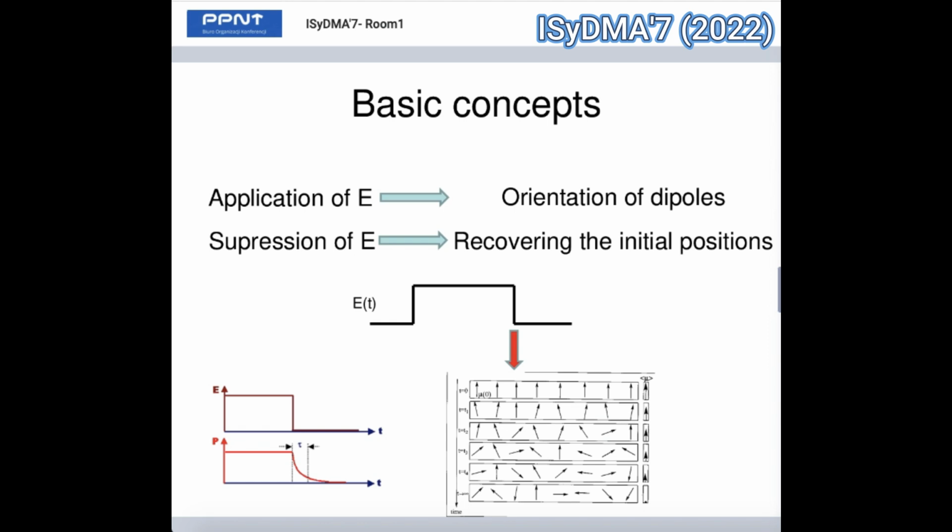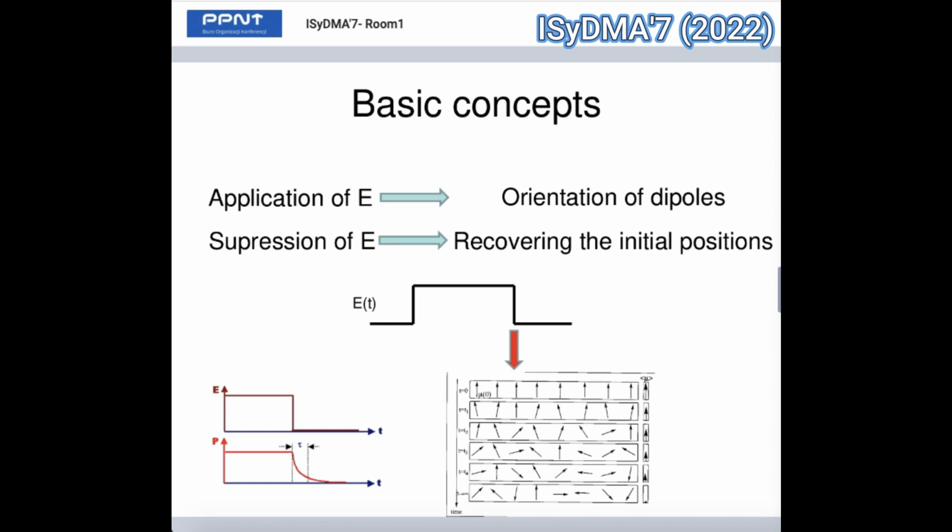In this situation, all the dipoles are aligned with the electric field, and then at a certain moment we cut off the electric field and we can calculate the depolarization, that is this curve here. That is more or less related to the number of dipoles that are aligned with the electric field.